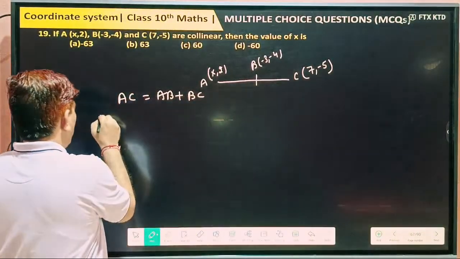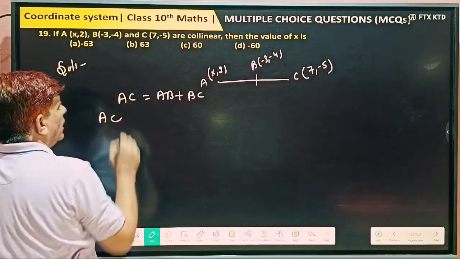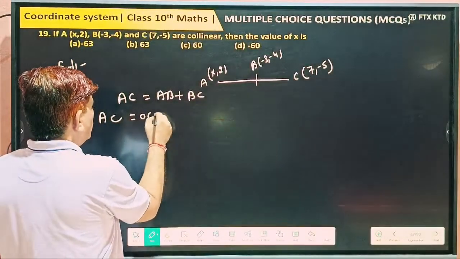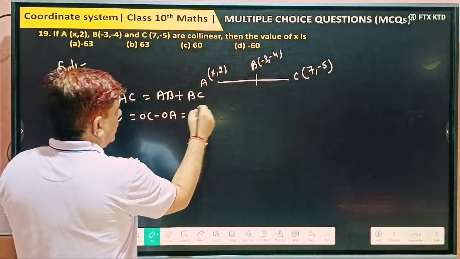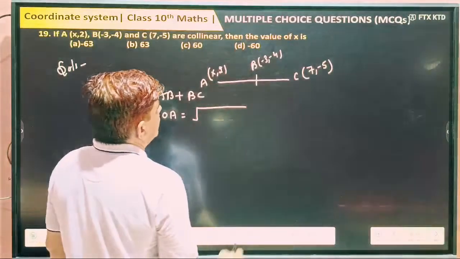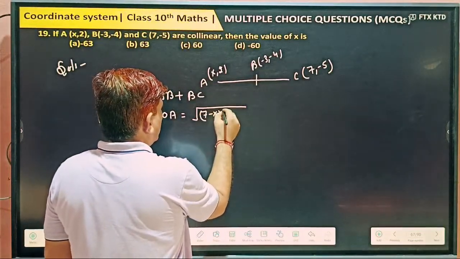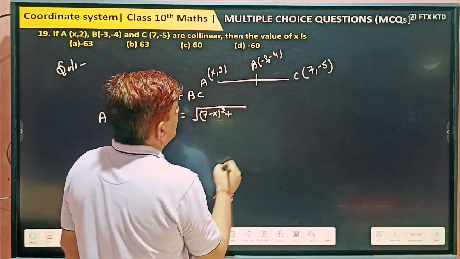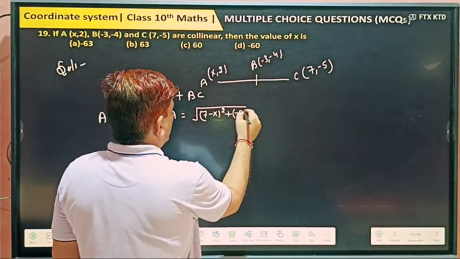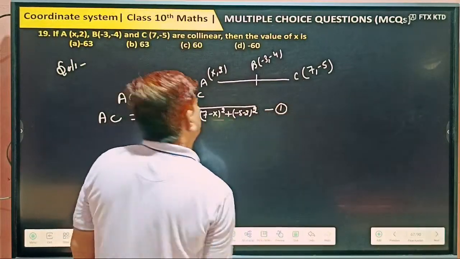First we will find AC. AC equals the square root of (7 minus x) whole square plus (-5 minus 2) whole square. This is the first one.